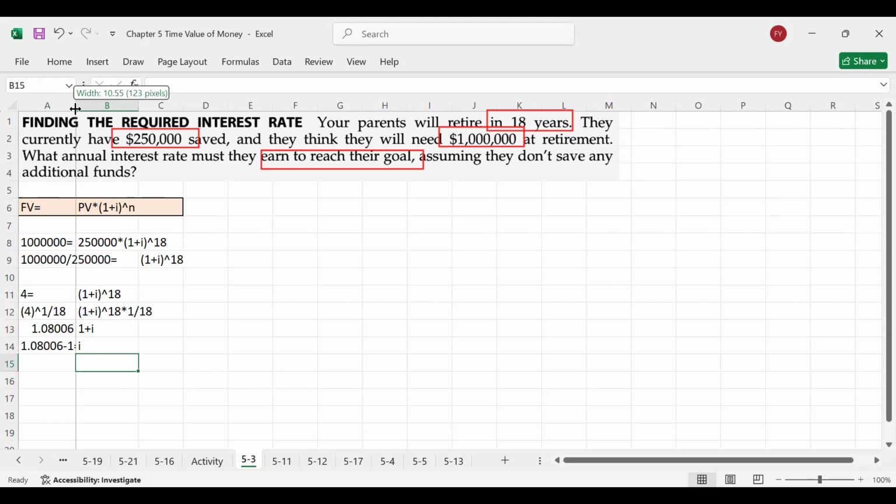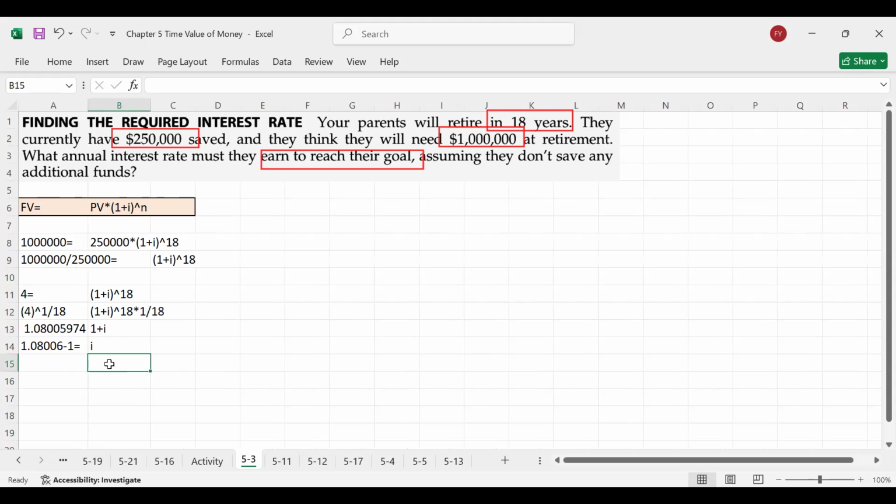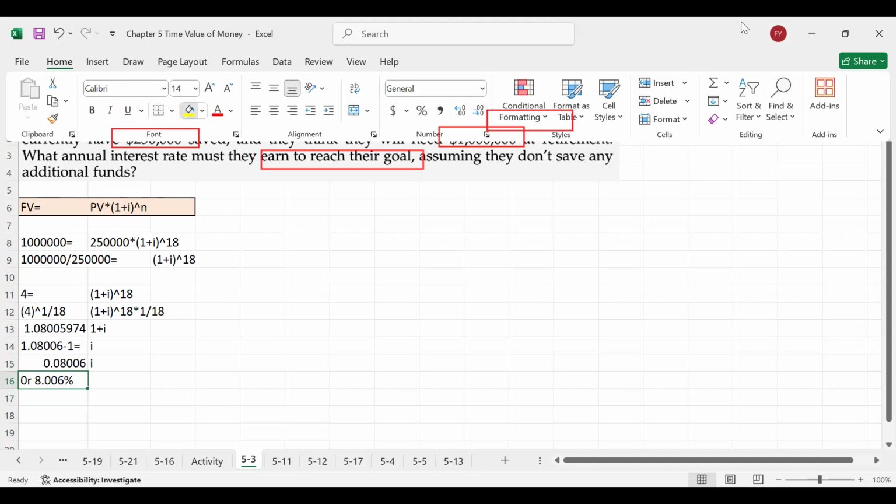So I would be 1.08006 minus 1, which gives 0.08006, or in terms of percentage, 8.006%. So this is the interest rate. We can highlight it.